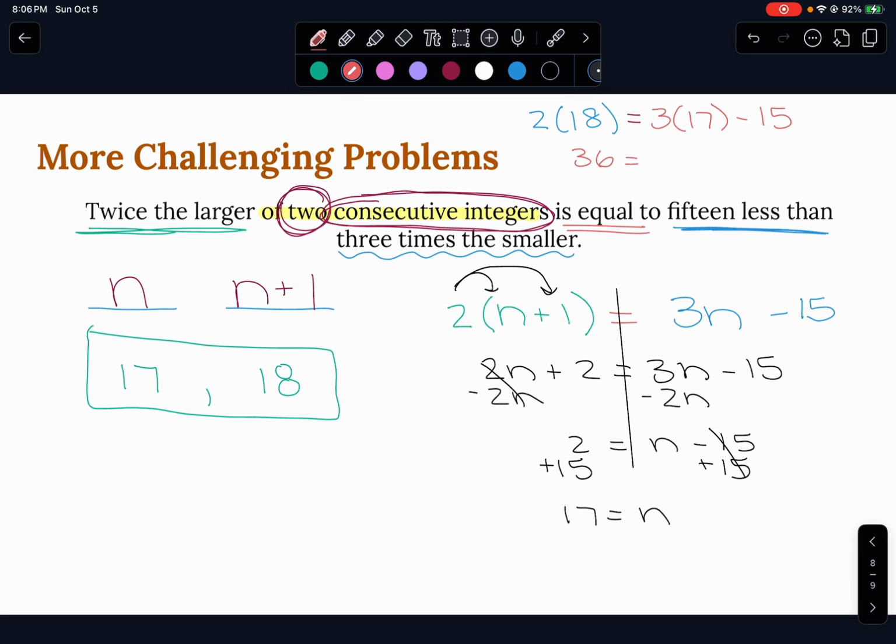And then we can set that equal to, we know 3 times 17 is 51. We'll bring down our minus 15. And then 51 minus 15 is indeed 36. So that is a true statement. Those are consecutive integers, 17 and 18. So we did that problem right. We are good to go.